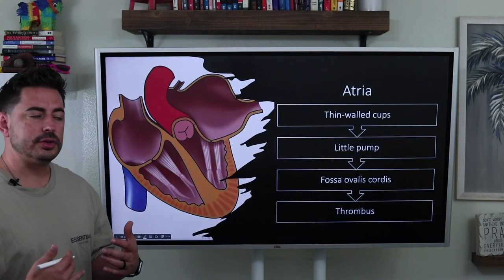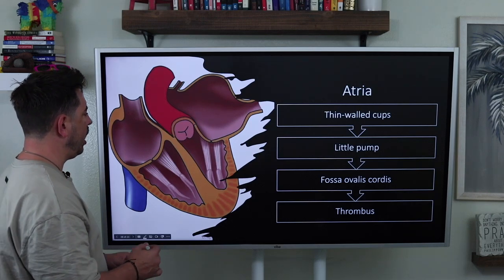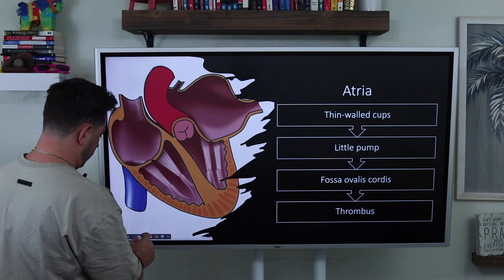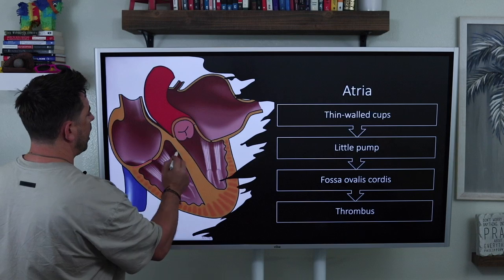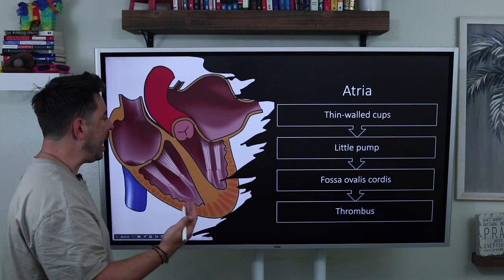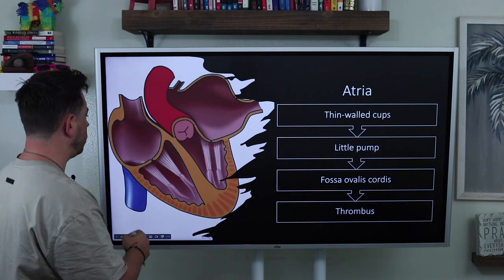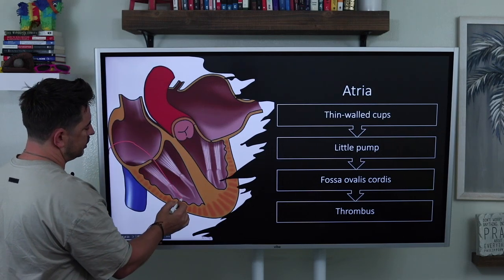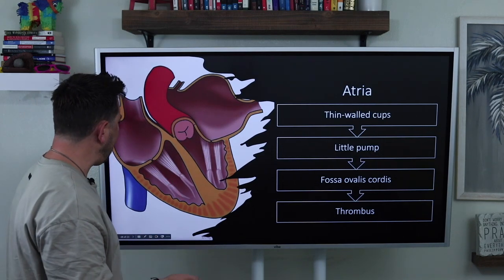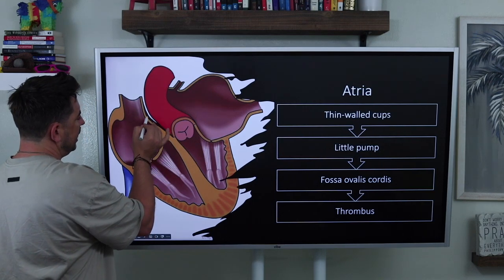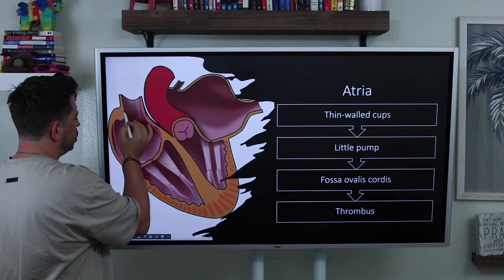As we look at the atria, these are the upper portion of the heart. The way that I remember that is that A comes before V, and blood flow will go through the atria before it goes into the ventricles. When we look at the atria, these are tiny thin-walled heart chambers.